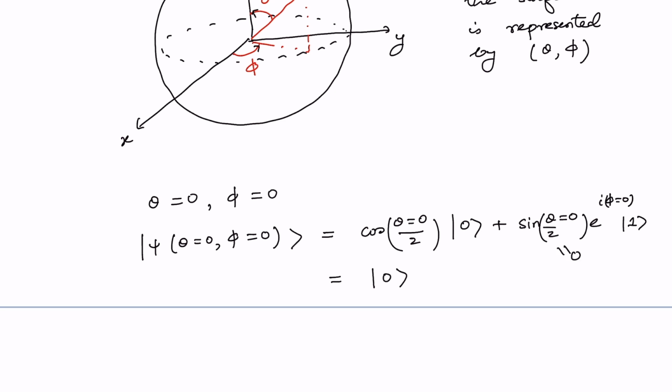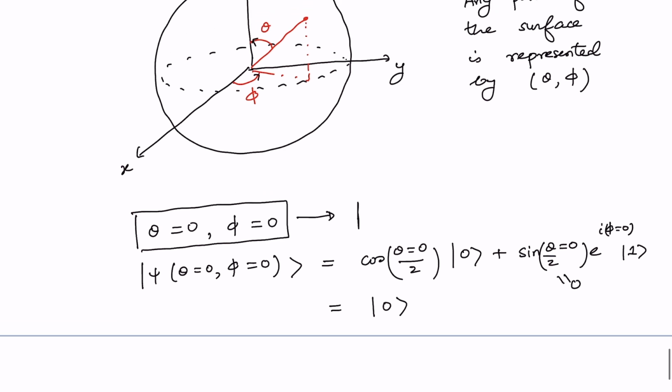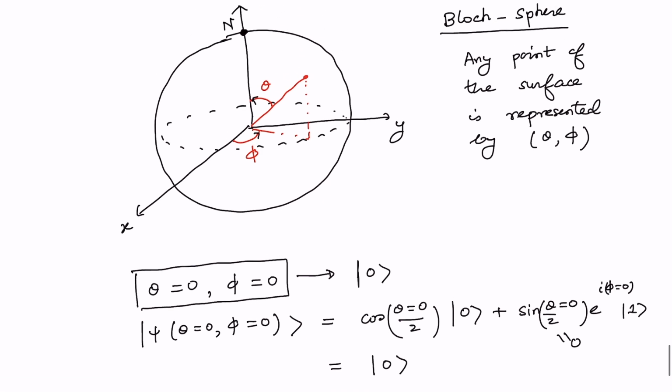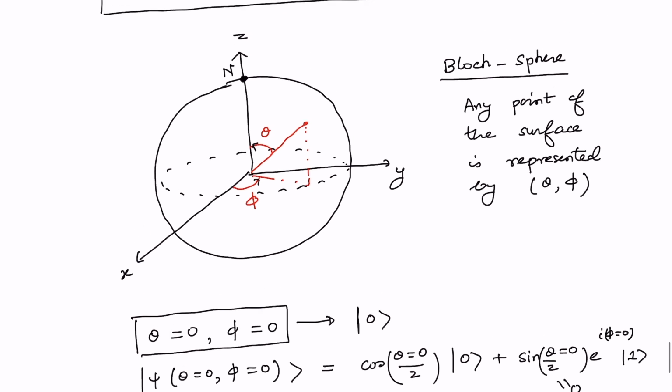Therefore you see that theta equal to 0 and phi equal to 0 corresponds, on the surface of the Bloch sphere, to this particular point which represents k0, the ground state. In fact this particular point here, the north pole, represents k0 or the ground state.